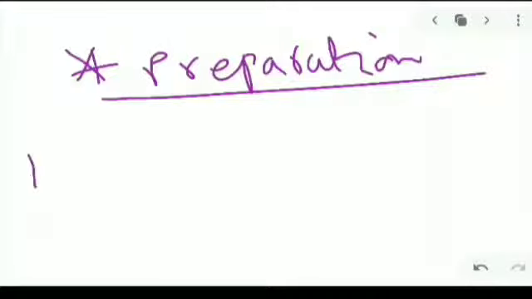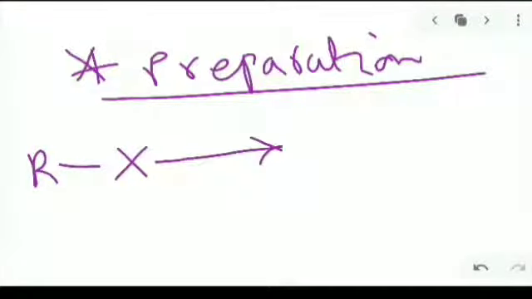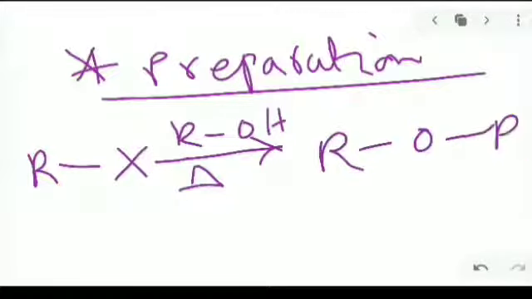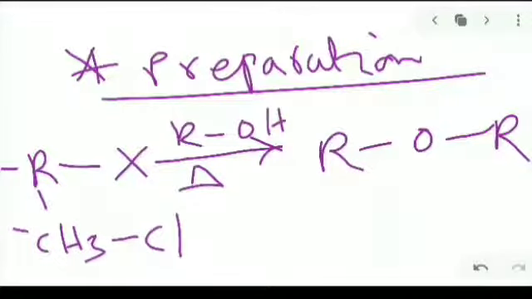So the first method is when we treat alkyl halides with alcohols, with heat, so we can get ethers, R-O-R. These are general reactions. For example, in the place of R we can put methyl groups, and in the place of the halide we can add chloride.